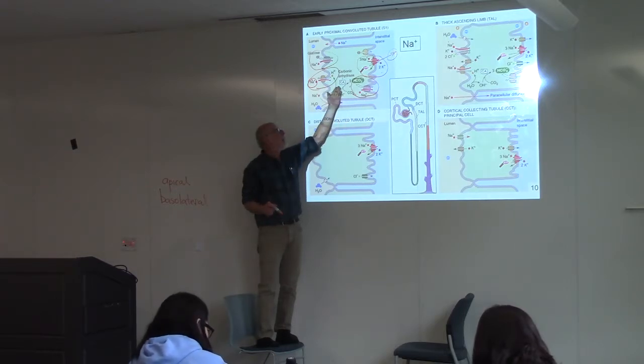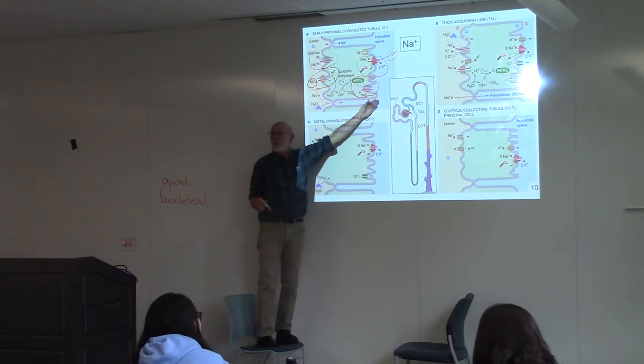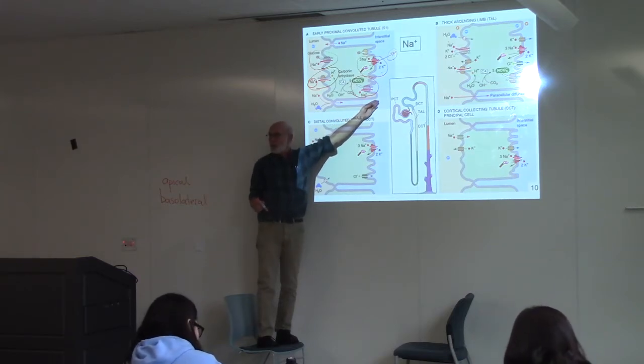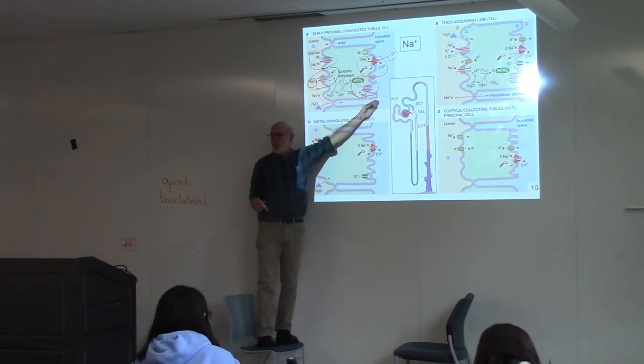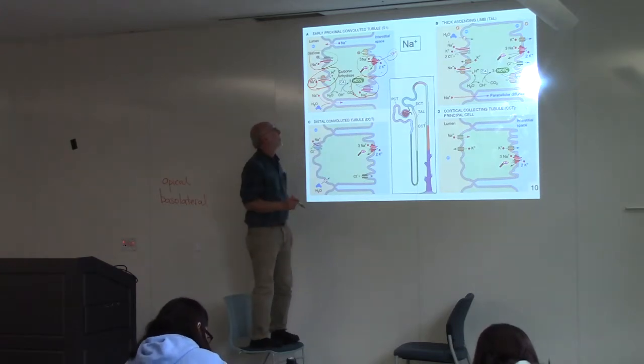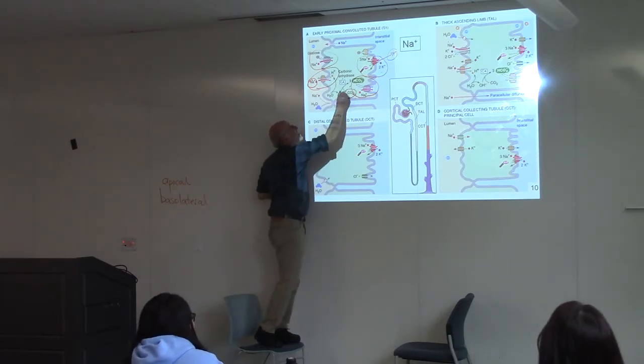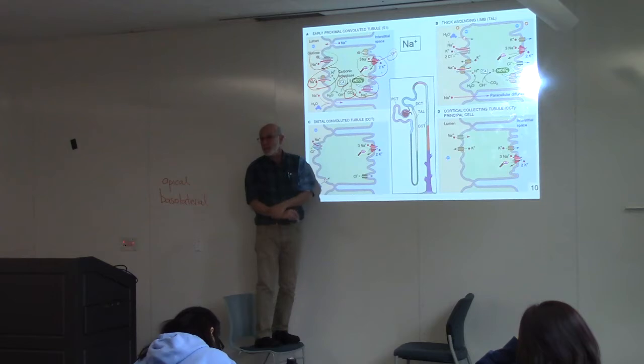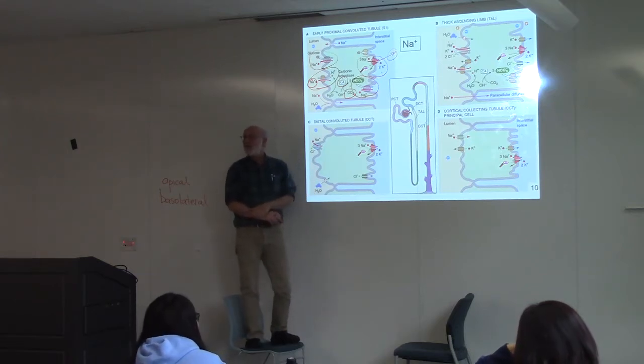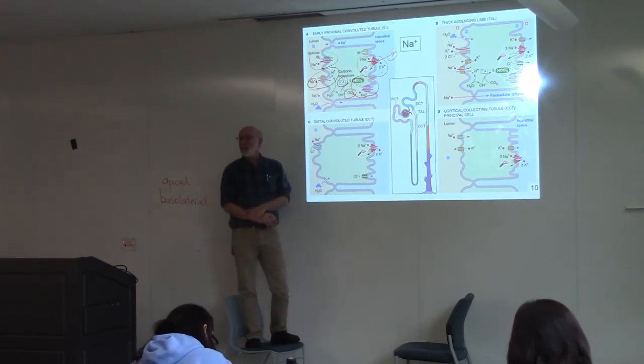So bicarbonate is going to help pump sodium out this basolateral membrane. And where does the bicarbonate come from? And where does this proton come from? It comes from CO2 and carbonic anhydrase. We have carbonic anhydrase in all of these cells.